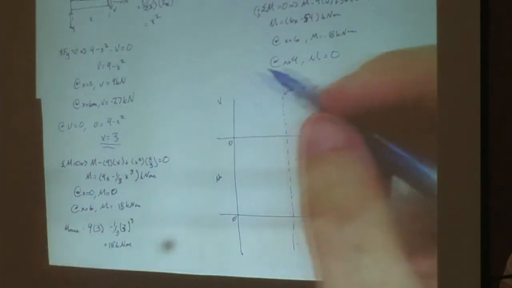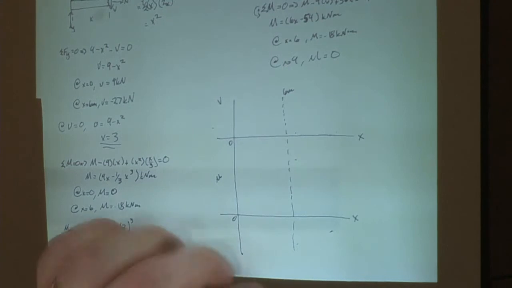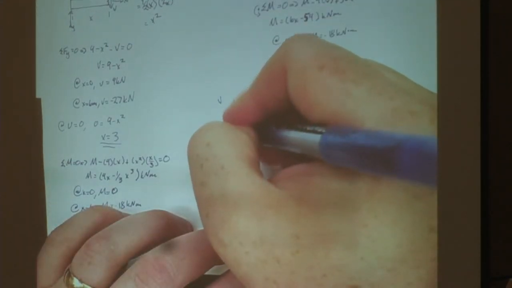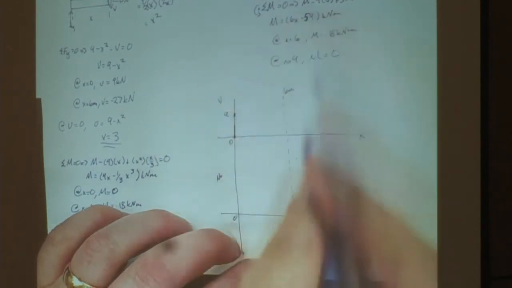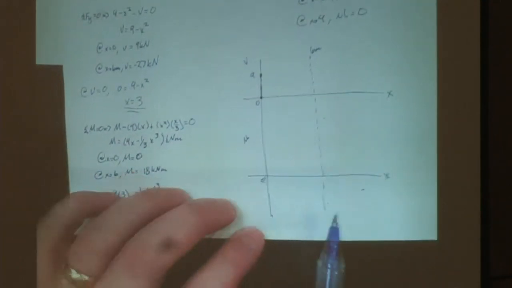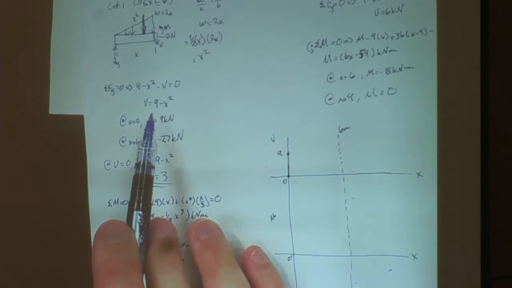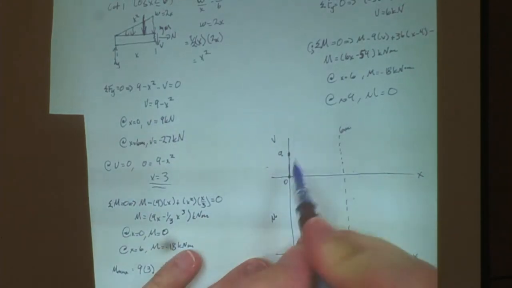All right, for our shear, where are we starting off? All right. Yeah, so we're going 0 up to 9. All right, so looking at the equation, it's negative, so it's going to be some kind of concave down, right? All right.